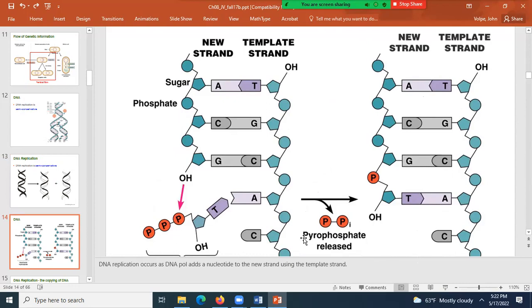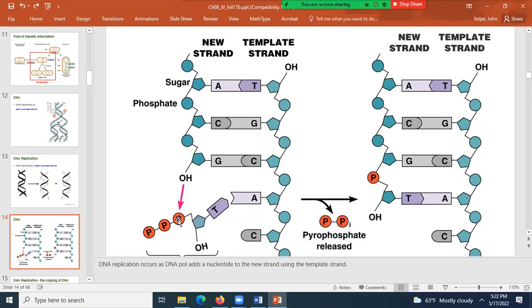What happens, as I stated, is it uses one strand as a template. So the DNA polymerase sees this adenine here, the A, and so it puts on the correct corollary nucleotide, which would be T. And how that's done is you put in a T triphosphate, and then you break off two of the phosphates, and that releases energy, which helps the reaction occur.